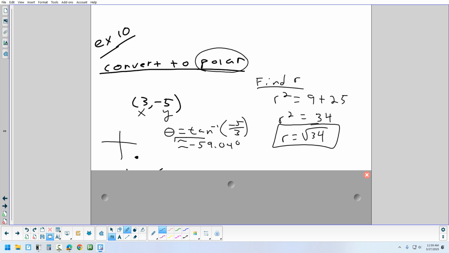Okay, so now, how do I write my final answer in polar? Square root 34, -59.04. There you go. That's your answer when you convert from rectangular to polar.